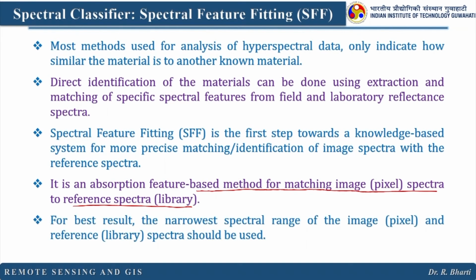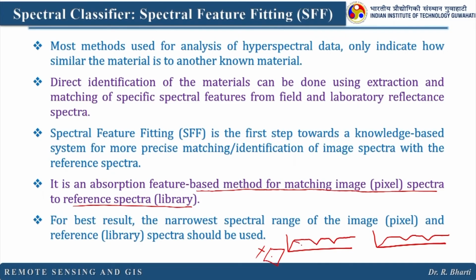So for best result, the narrowest spectral range of the image and reference spectra should be used. What exactly I am trying to convey here is, for X material, you have this kind of feature, and this is the library spectra. In the image, the size of a pixel is 30 by 30 meter, right.